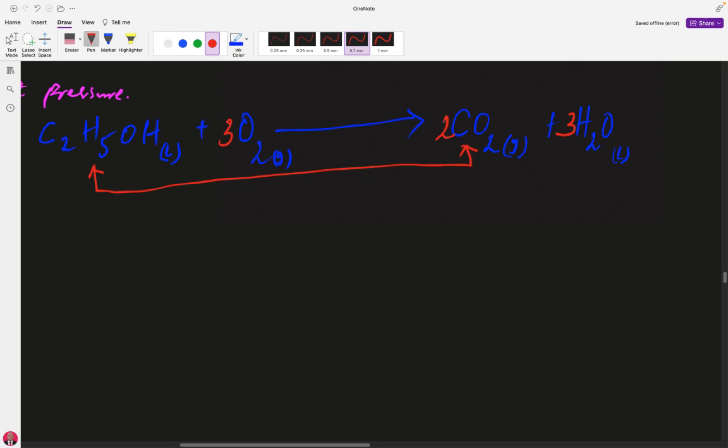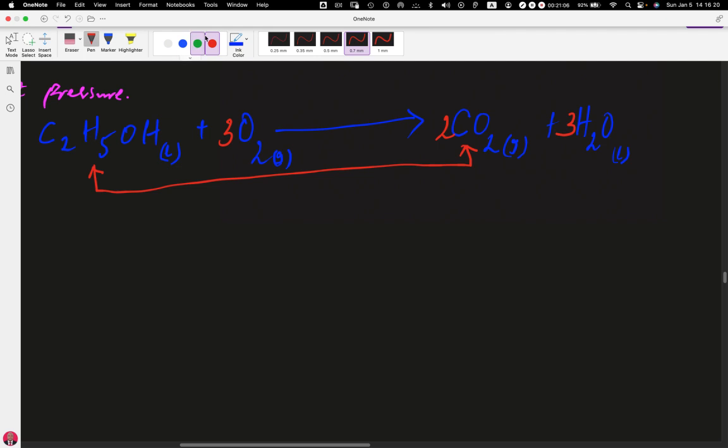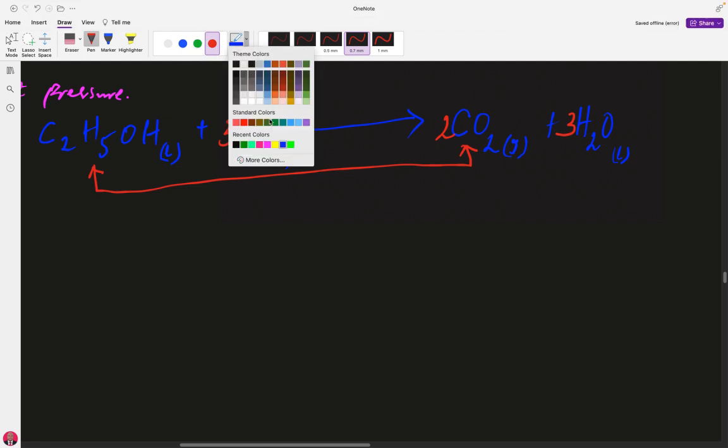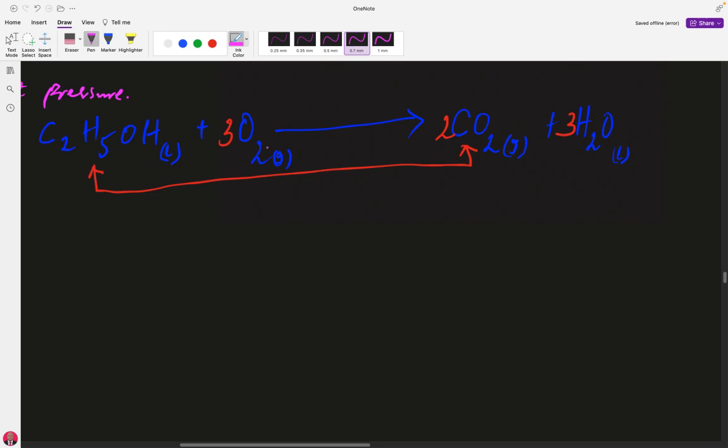The mass of ethanol that is being burnt has been given. So for the number of moles, I'm taking a longer method so that you can better understand.